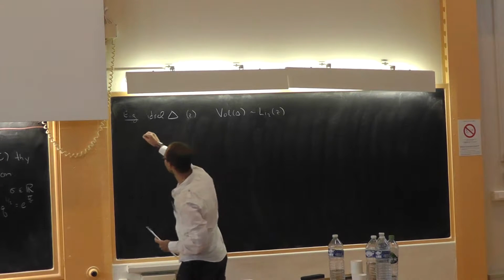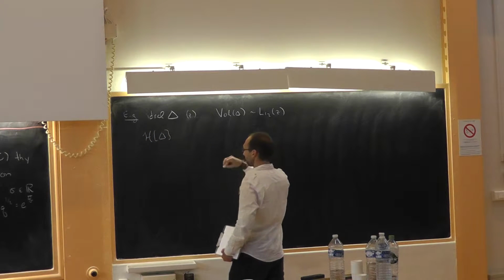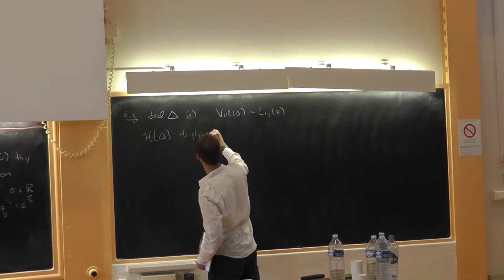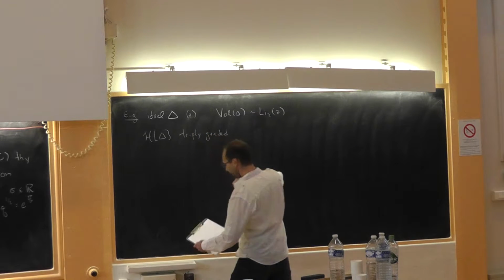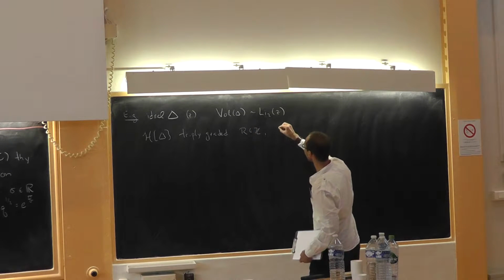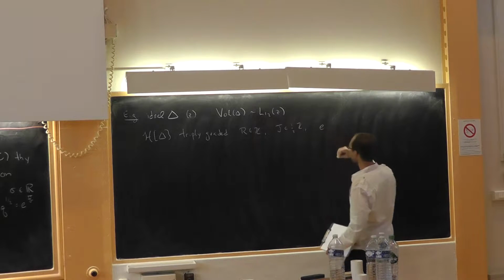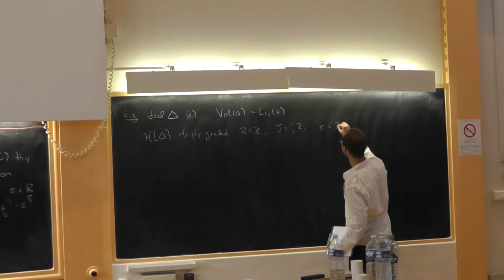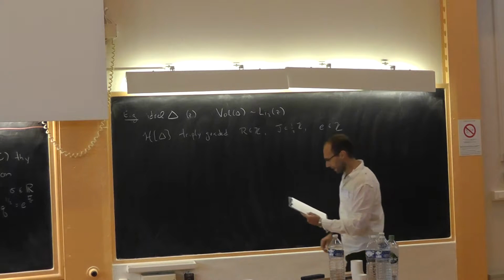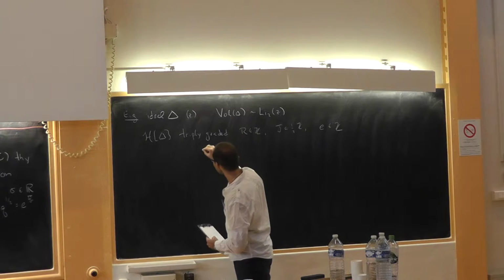So the space H of delta is going to be triply graded, with the usual R and J gradings, and an extra grading E, which I'll refer to as a flavor grading, a flavor symmetry. Let me introduce a little bit of notation.